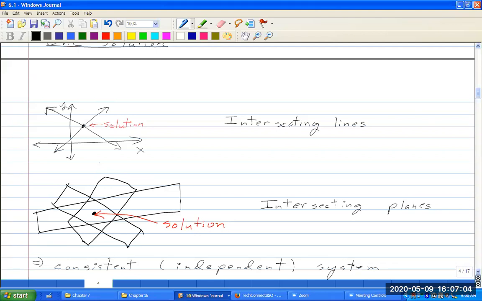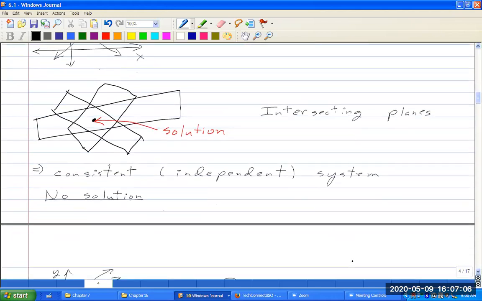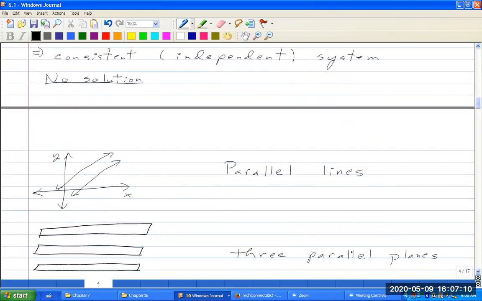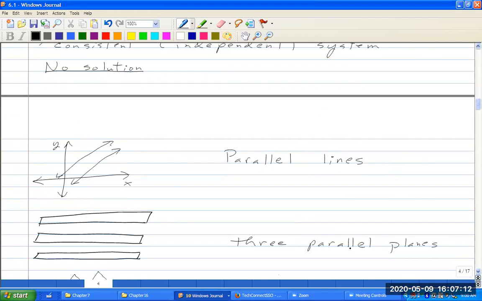If we have no solution, suppose I look at the case where I have two equations, two unknowns. In this case, we don't have any solution, so there's no point of intersection. Therefore, that's the case where we have two parallel lines.